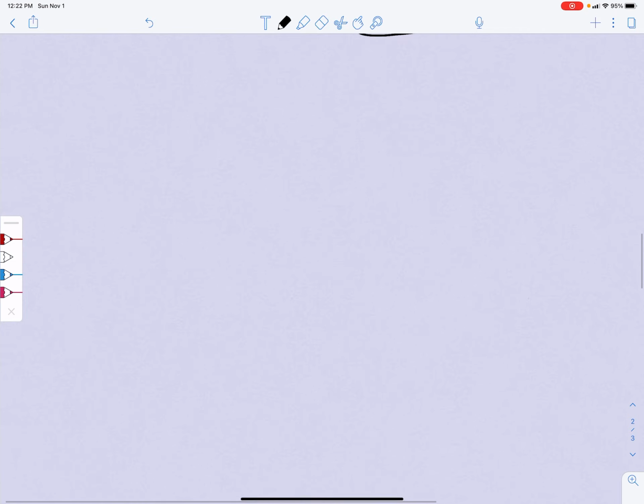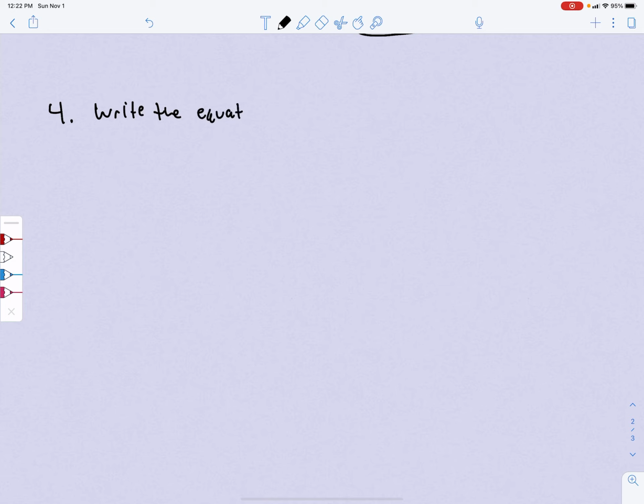So number 4, we'll look at, I'll tell you to write the equation. And I'll tell you that the slope is negative 2 over 3, and it goes through (3, negative 6).